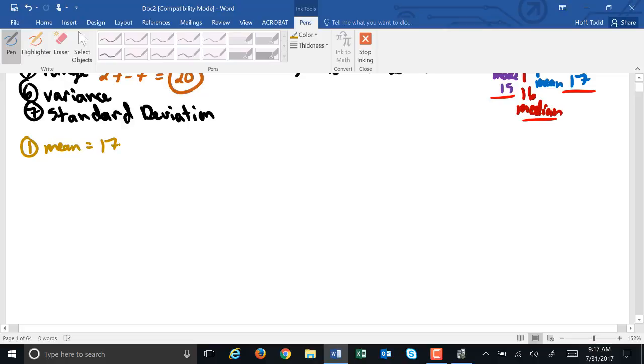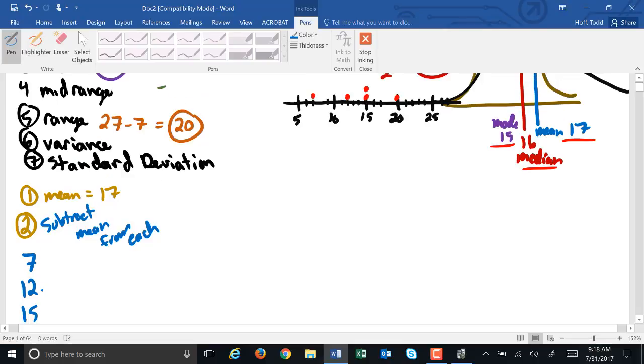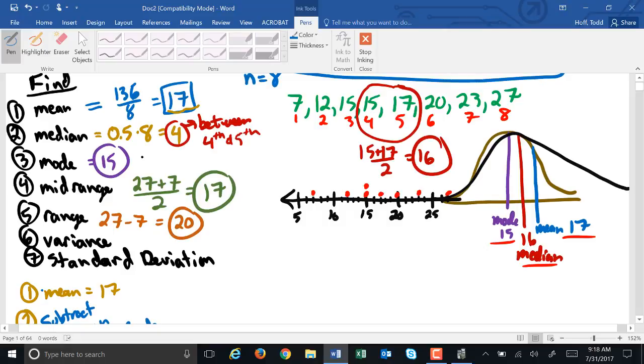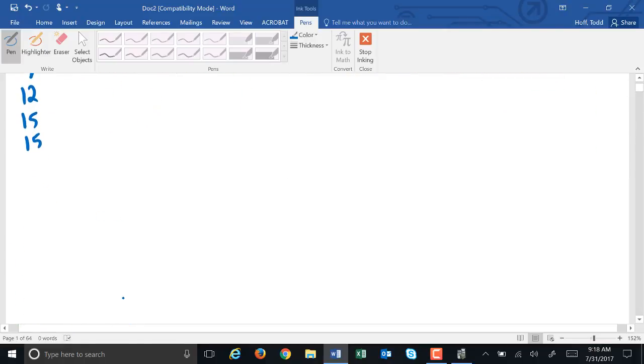Step 1 is to find the mean. What is step 2? Yes, subtract the mean from each. So we've got 7, 12, 15, 15, what do we have, 17, 20, 23, and 27.